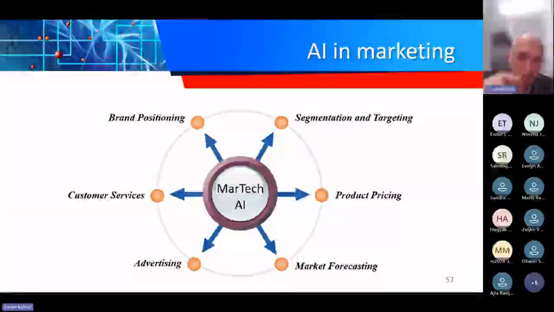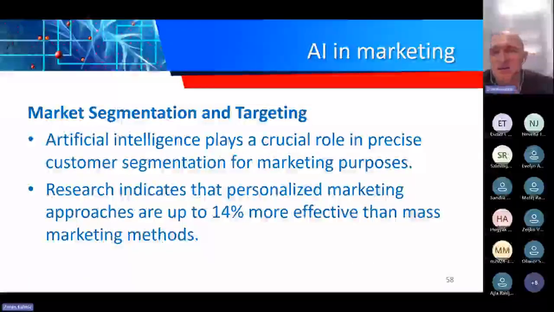In marketing, we will go shortly to some of these examples. First one is market segmentation and targeting, and artificial intelligence is a very powerful tool in making customer segmentation.